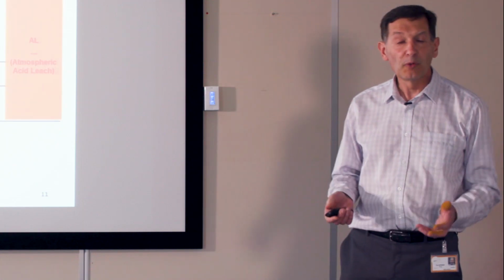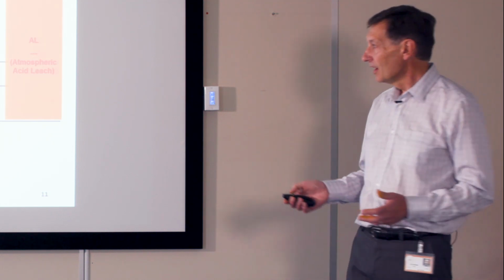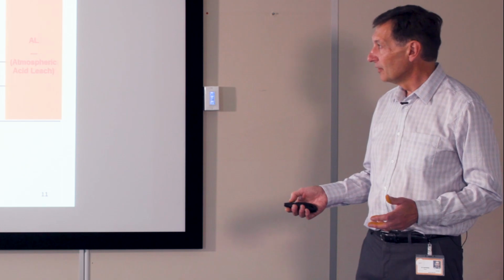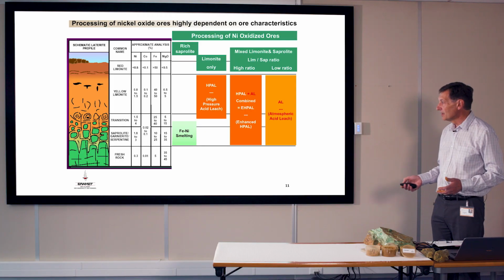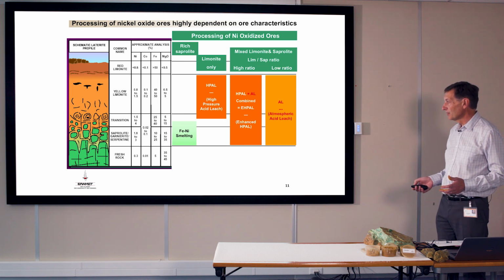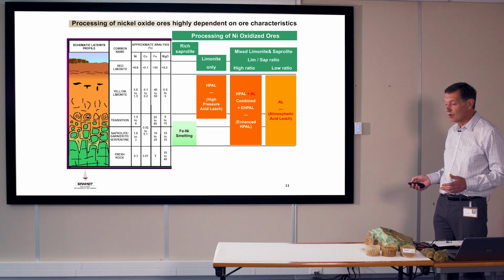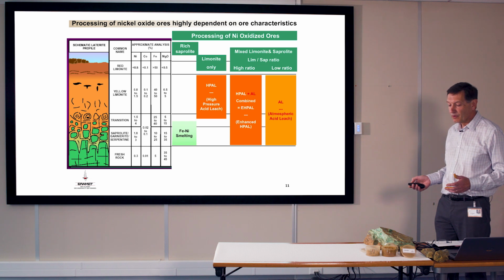To have a summary of such processes, you see here the ore body, the different kinds of ore you will find in the ore body: the fresh rock, the peridotite, the saprolite, and you see here we have written garnierite, but it's very rare, the transition ore, or the earthy saprolite, and the limonite.